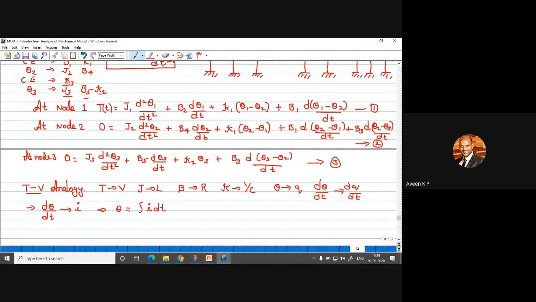In case you want to represent in terms of current, theta you can represent as, if I apply integration on both ends, integration of I dt.